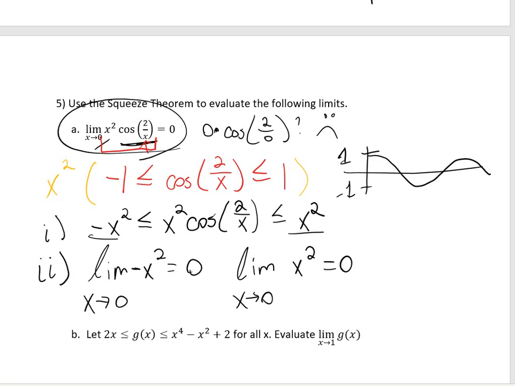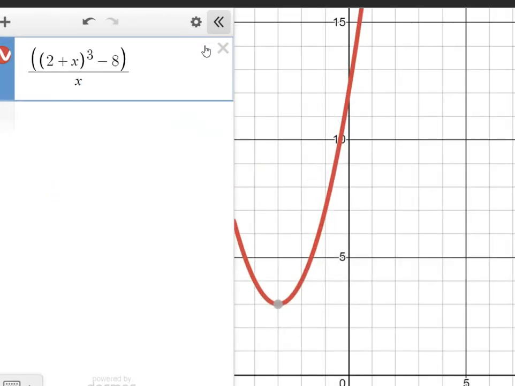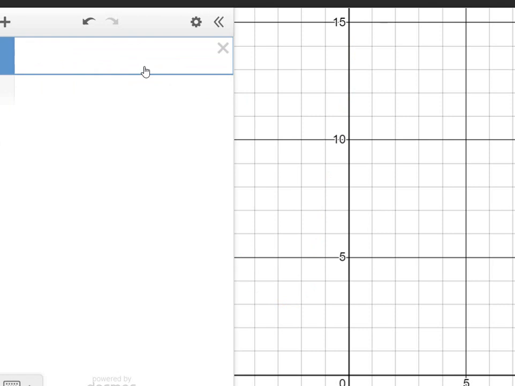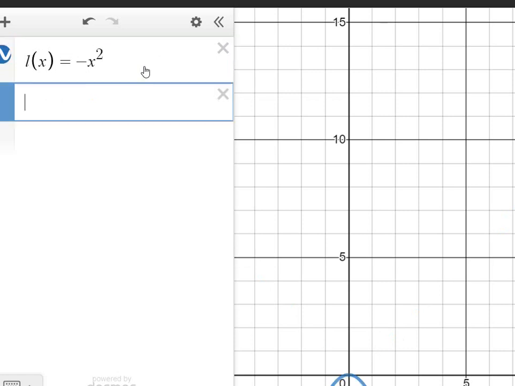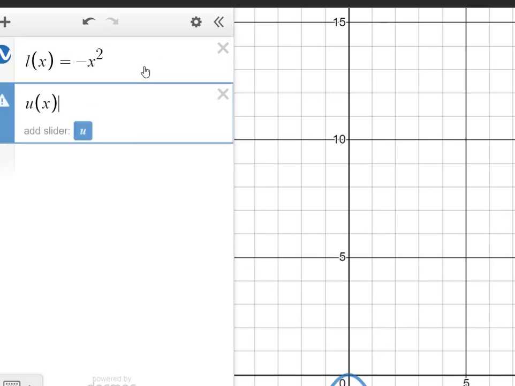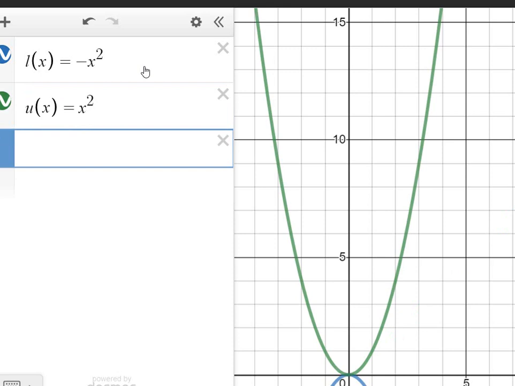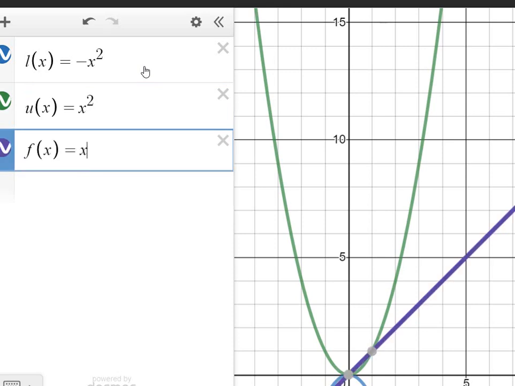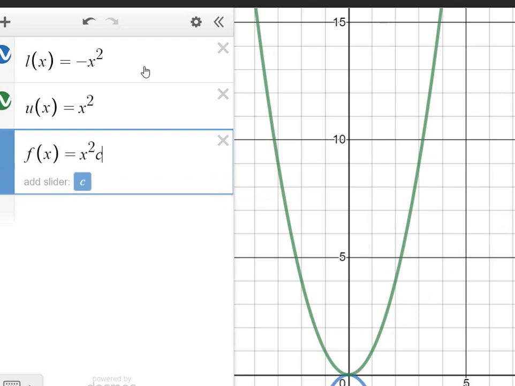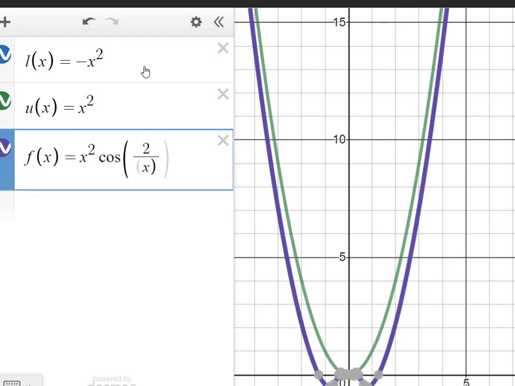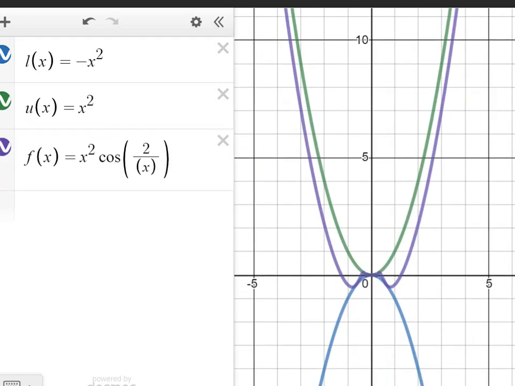All right, let's go ahead and look at a graph and just confirm what we just saw. So we're going to have L of x equals negative x to the second. Our upper function equals x to the second. And our actual function we're looking at looks like this.